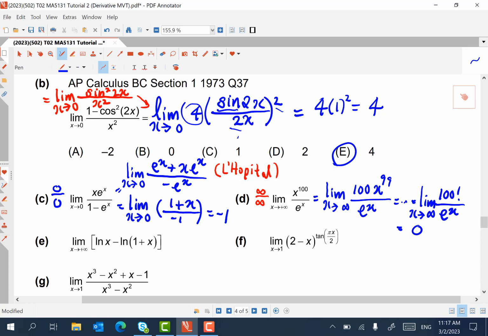Okay, for the next question, because you have very good eyesight, you can guess that this question is going to be 0. Why is it so? Because if x is extremely large, this number is as good as x. But in any case, let's do it the proper way.